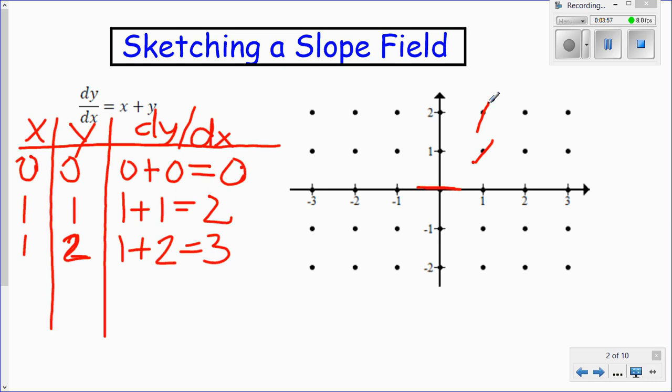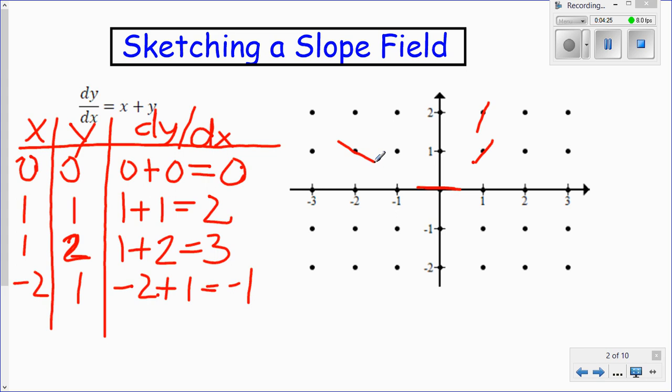Okay, let's find one that has a negative slope just so I can show you. Let's go to the point (-2, 1). If I add -2 plus 1, that's going to give me -1. So at the point (-2, 1), I want to draw a tangent line that has a slope of -1. So probably pretty close to this one.